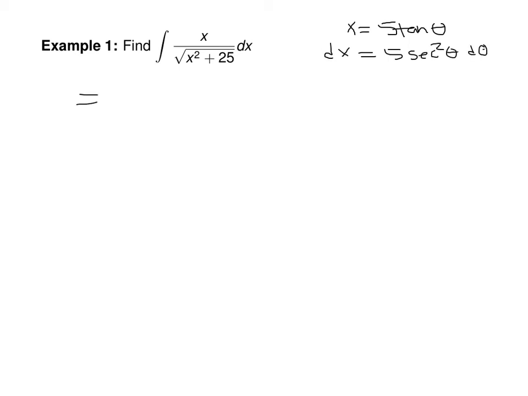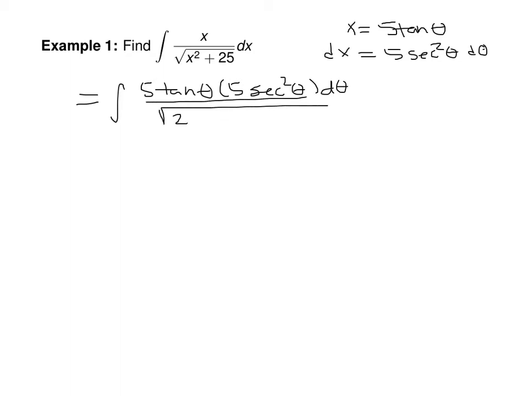So this becomes the integral of 5 tan theta multiplied by 5 secant squared of theta d theta divided by the root of 25 tangent squared of theta plus 25.